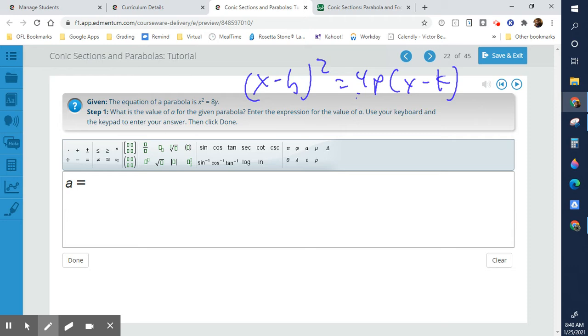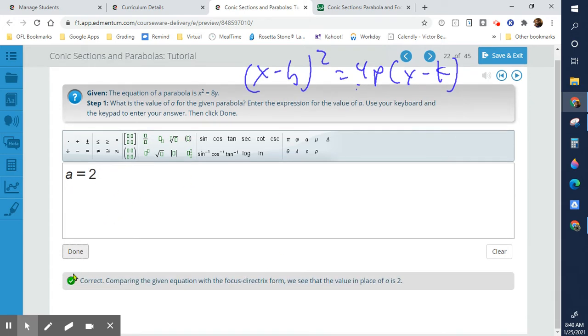So seeing as how there's not a k, we're going to assume that the vertex of this is at the origin. So we can just say it's x squared equals 4py. So that means we're just going to divide that 8 by 4 and we're going to get a 2. All right. So let me clear this out.